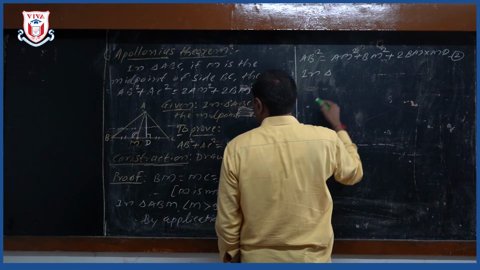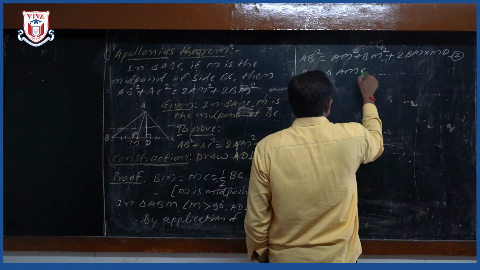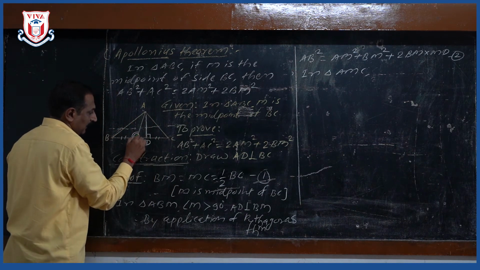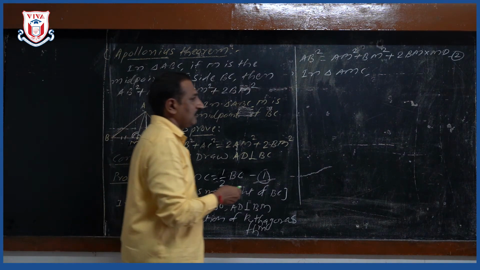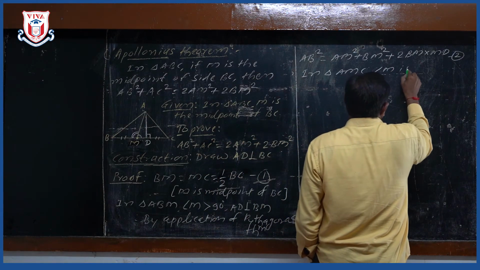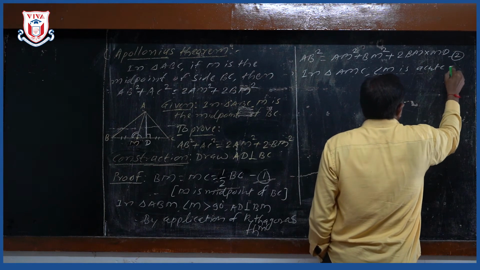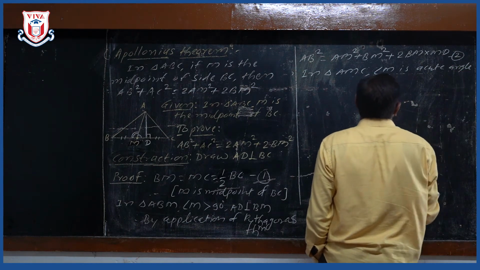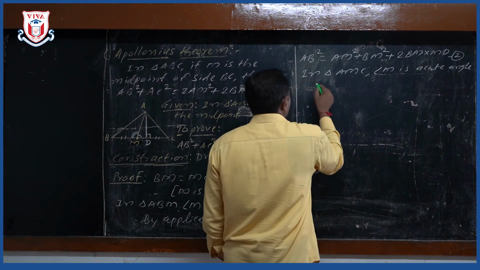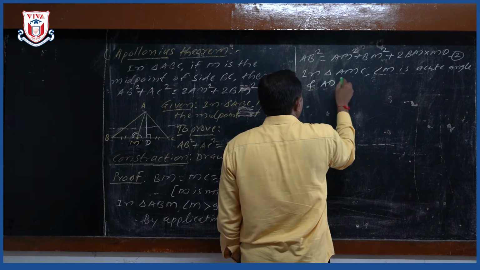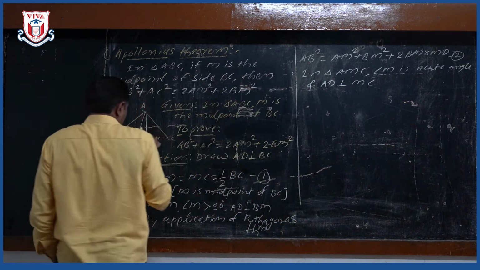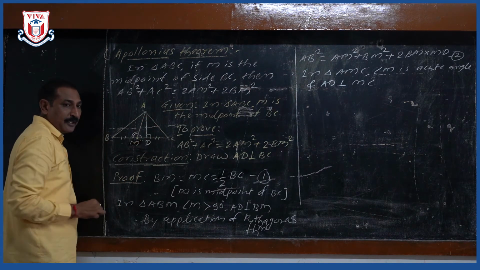Similarly, in triangle AMC, angle M is an acute angle, which means the measure of this angle is less than 90 degrees, and AD is perpendicular to MC.